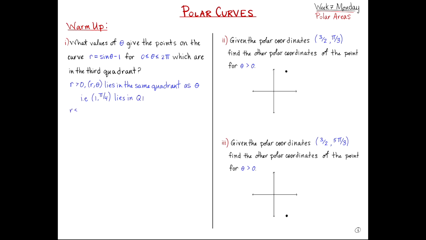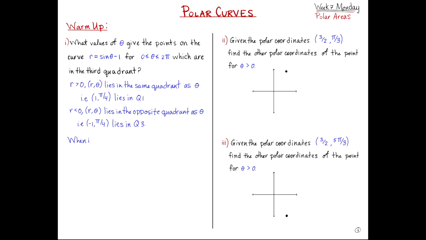When r is less than 0, then the point (r, theta) lies in the opposite quadrant as theta. For example, the point (negative 1, pi over 4) lies in the third quadrant.